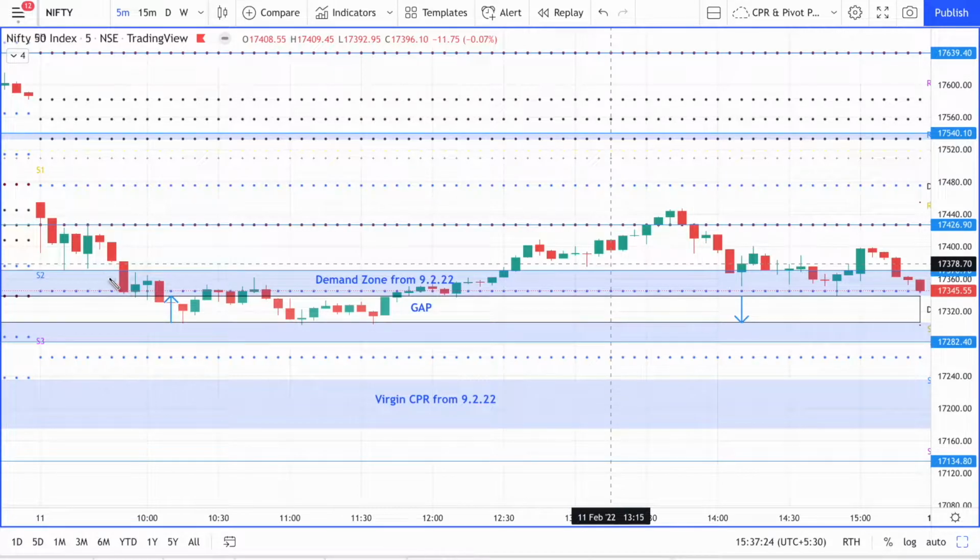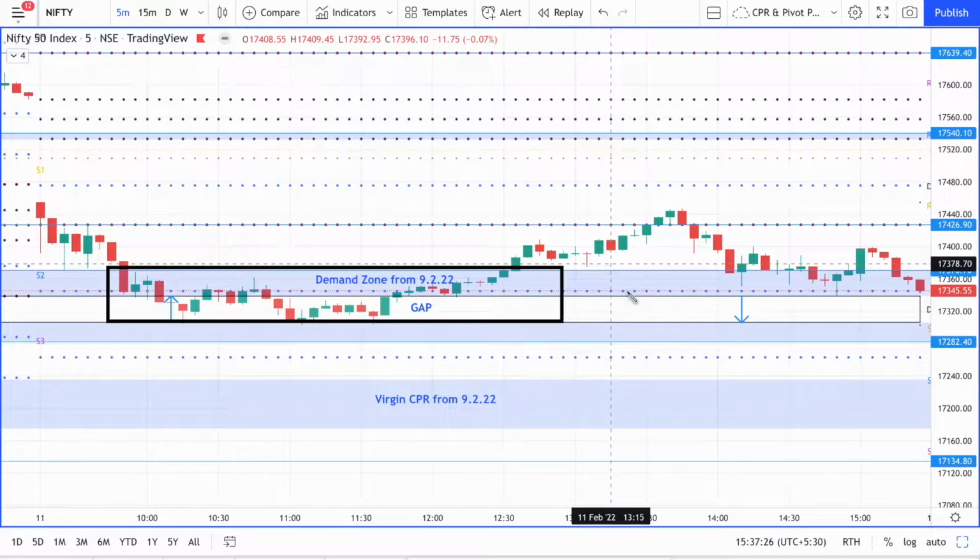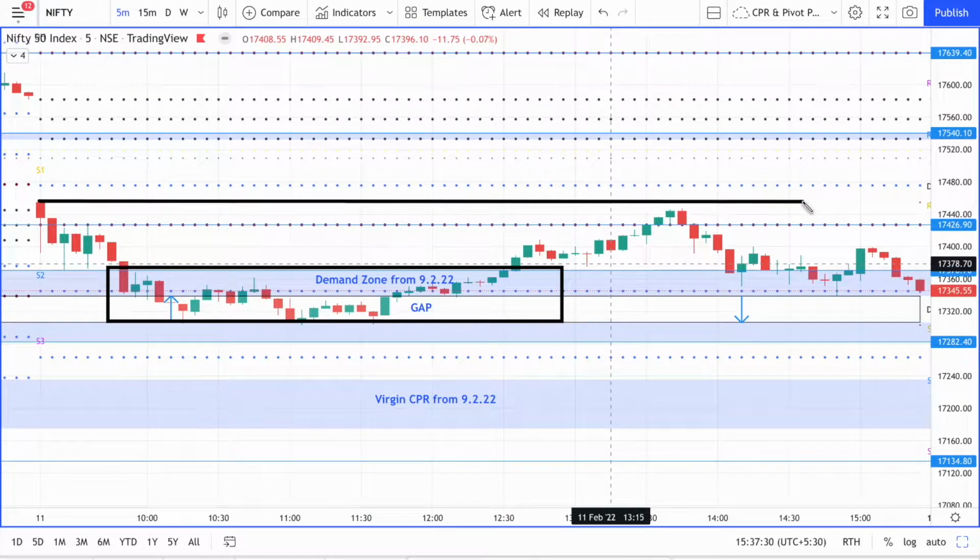It traded a lot of time within this particular zone, and then this was the high of the day. It tried to go up to that level, but before Nifty could reach it, Bank Nifty had reached the high, and at that moment Nifty also took a U-turn and fell.